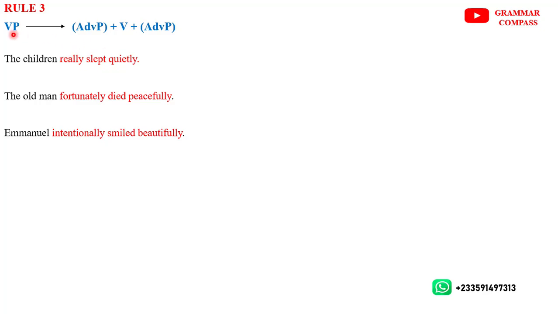If you are given this structure to provide examples of it, here are some of the examples that you can write. An adverb phrase modifying the head verb and then an adverb phrase qualifying the head verb. Another example is this. The old man fortunately died peacefully.